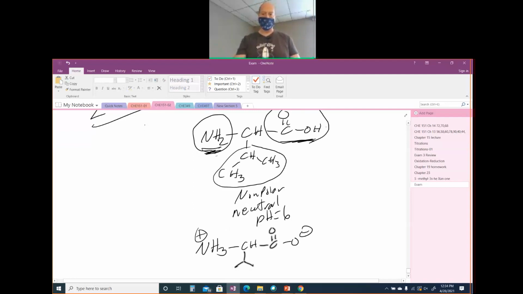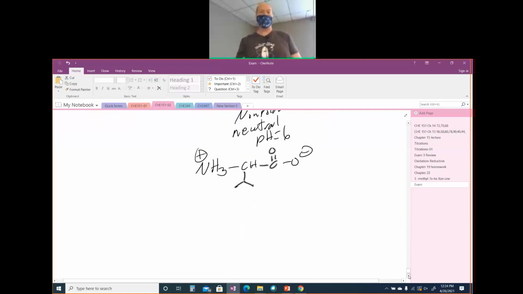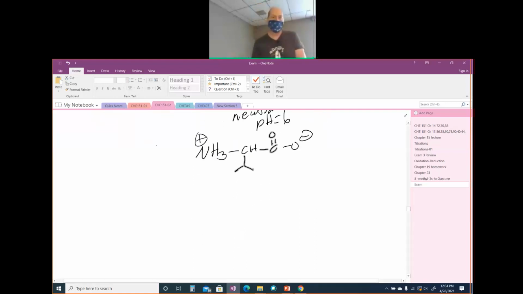All right. Now, if we change the pH, because this is what it looks like at pH equals 6, if we make this acidic, I want to make it at pH equals 3. If my pH is 3, that means I threw in some HCl, some acid, H plus.